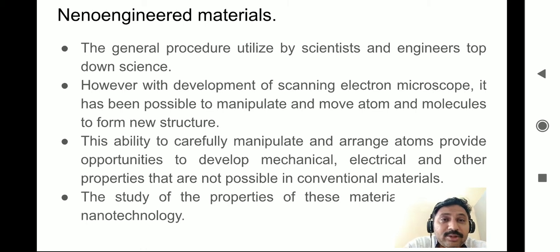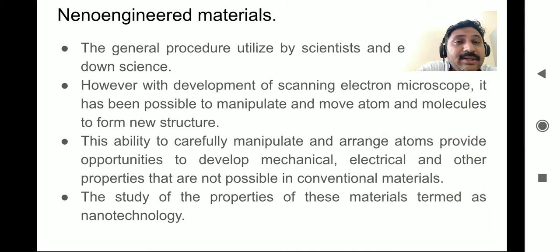This ability to carefully manipulate and arrange atoms provides an opportunity to develop mechanical, electrical, and other properties that are not possible in conventional materials. There are a number of materials available, but in that material all the properties are not available.